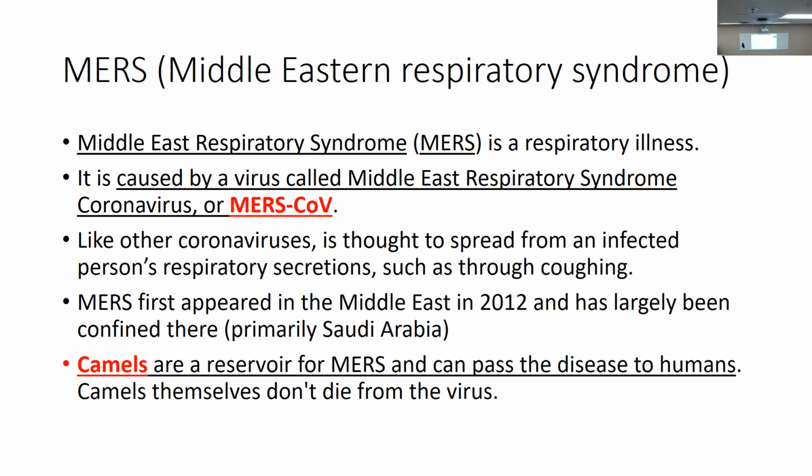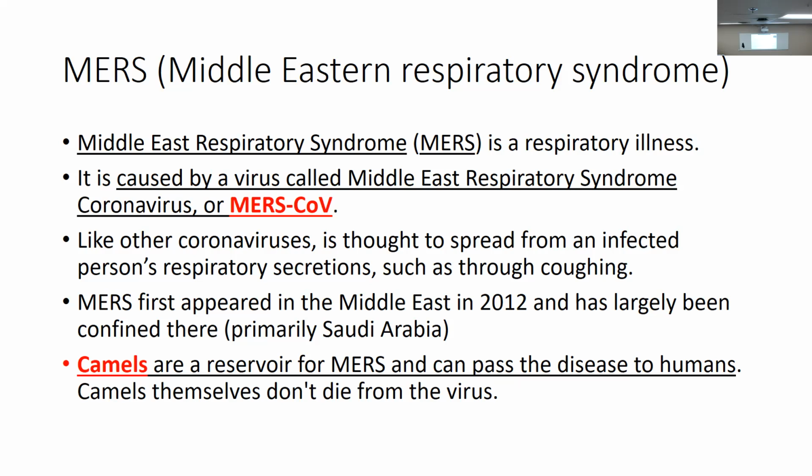We called it Middle East Respiratory Syndrome, MERS. Like other coronaviruses, thought to be spread through infected person respiratory secretions, such as coughing. We want to call it MERS, or MERS is our little unit here, radiology with an I, right? So let's call it MERS. MERS first appeared in the Middle East, 2012, largely been confined to primarily Saudi Arabia.